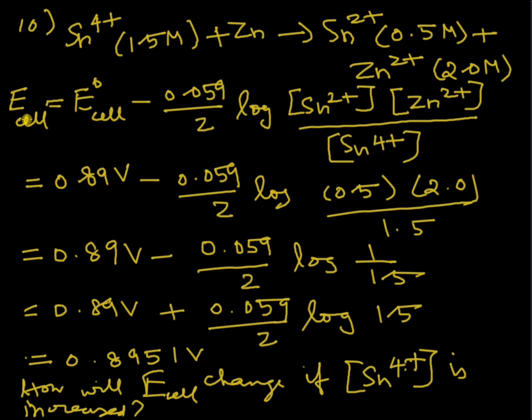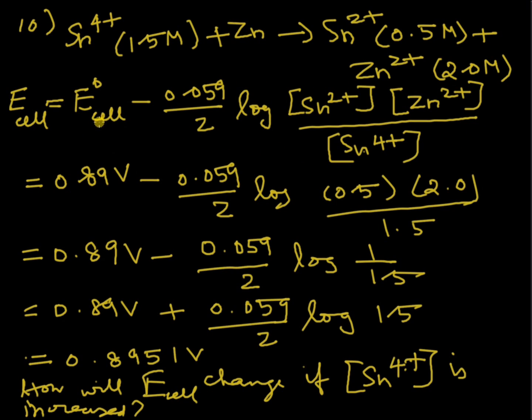In this equation for the calculation of E cell, Sn4 plus occurs in the denominator of a term which is associated with a negative sign, isn't it? So you can easily see that when Sn4 plus concentration increases, the overall value should increase because the second term becomes smaller.